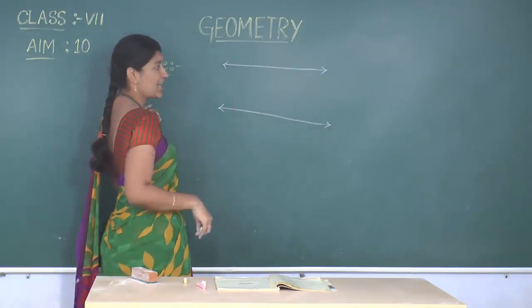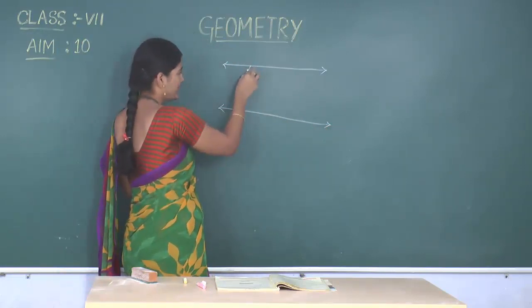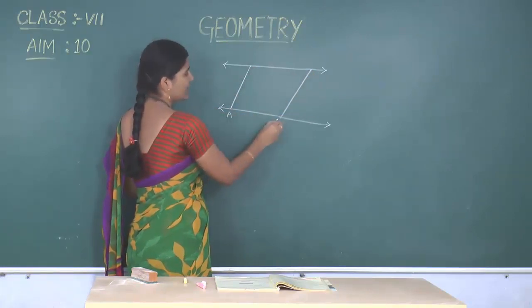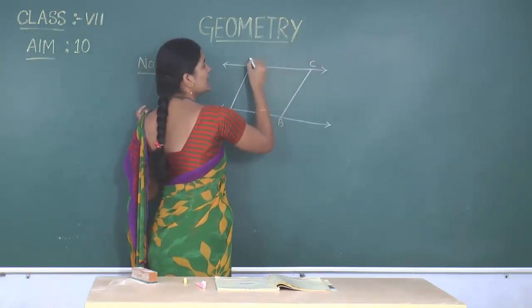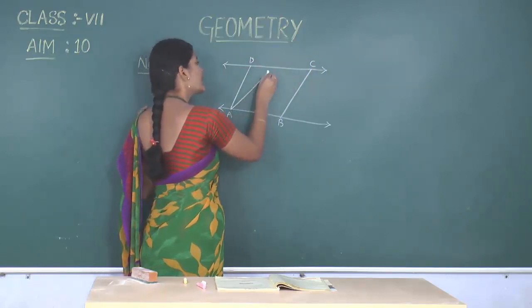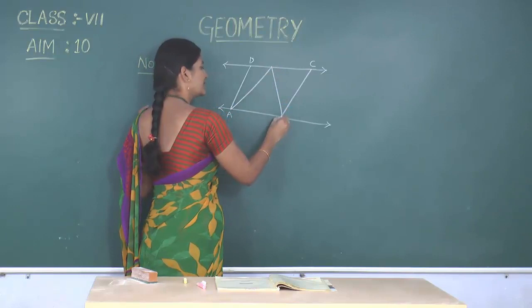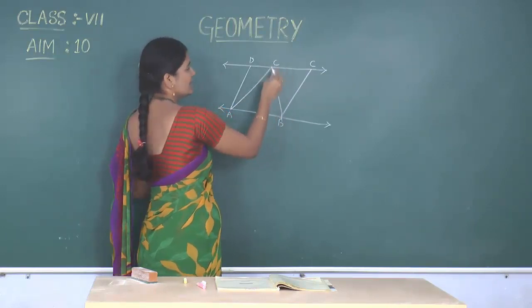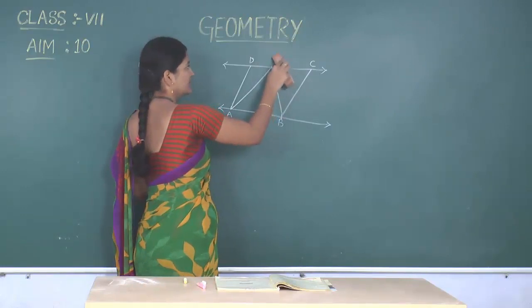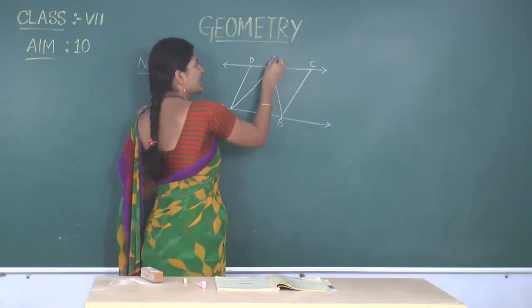Between two parallel lines, I am taking one parallelogram, that is ABCD, and also I am going to take one triangle, ABE, let it be E.